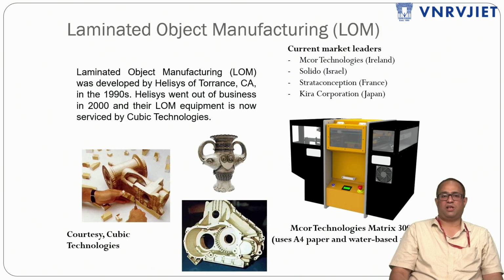As you can see, laminate object manufacturing was developed by Helisys of Torrance, California in the 1990s, and LOM equipment is used for decorative models and making simple patterns where accuracy is not a constraint.